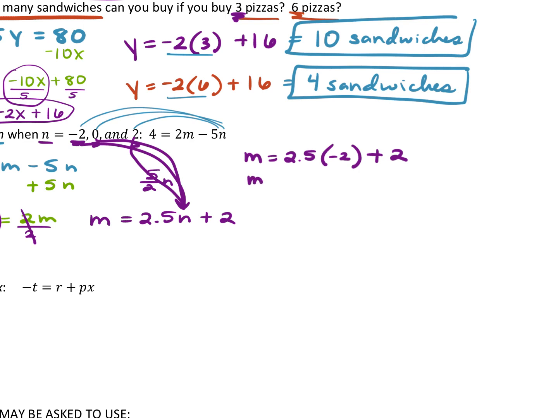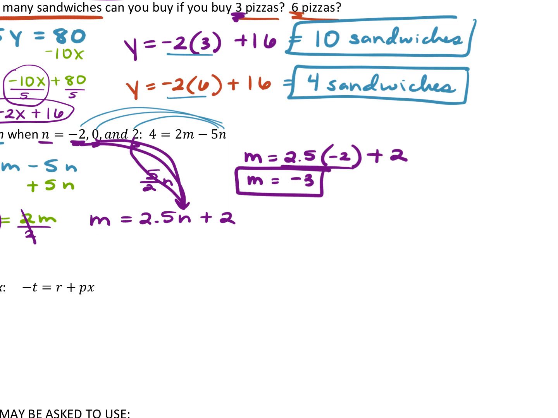So that m comes out to what? 2.5 times -2 is -5. -5 plus 2 is -3. So that's your first answer. When n is -2, m is -3.